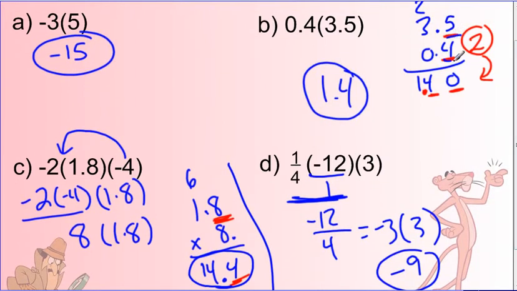Here there were 2, so in your answer there needs to be 2. Here there was 1, so in your answer there needs to be 1. That's decimals. With fractions, if you're multiplying two numbers, and one of them is a fraction, make both of the numbers fractions. Then you multiply across the top, multiply across the bottom, simplify, and you're done.